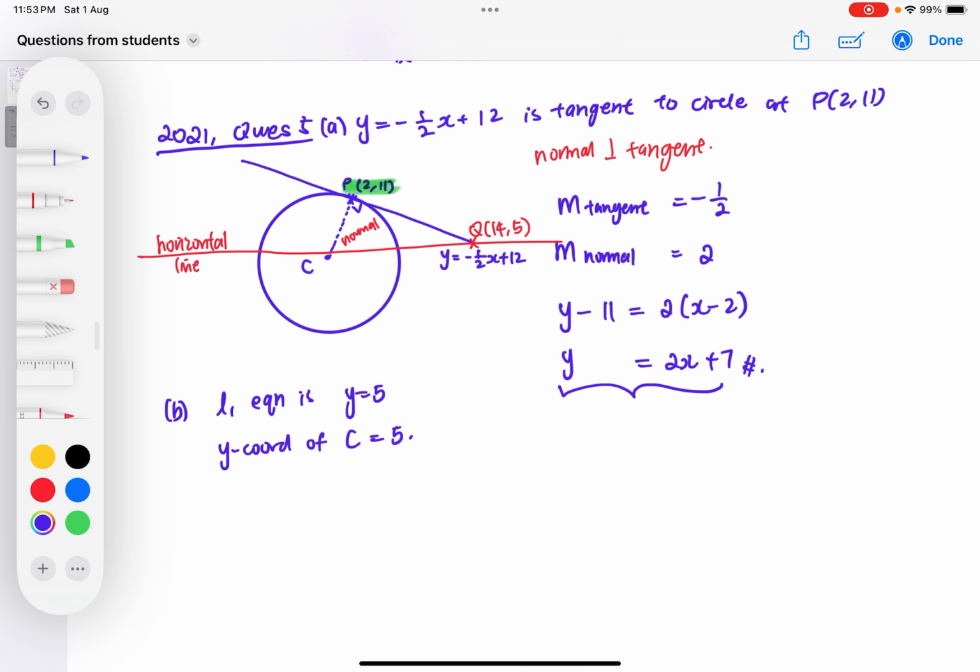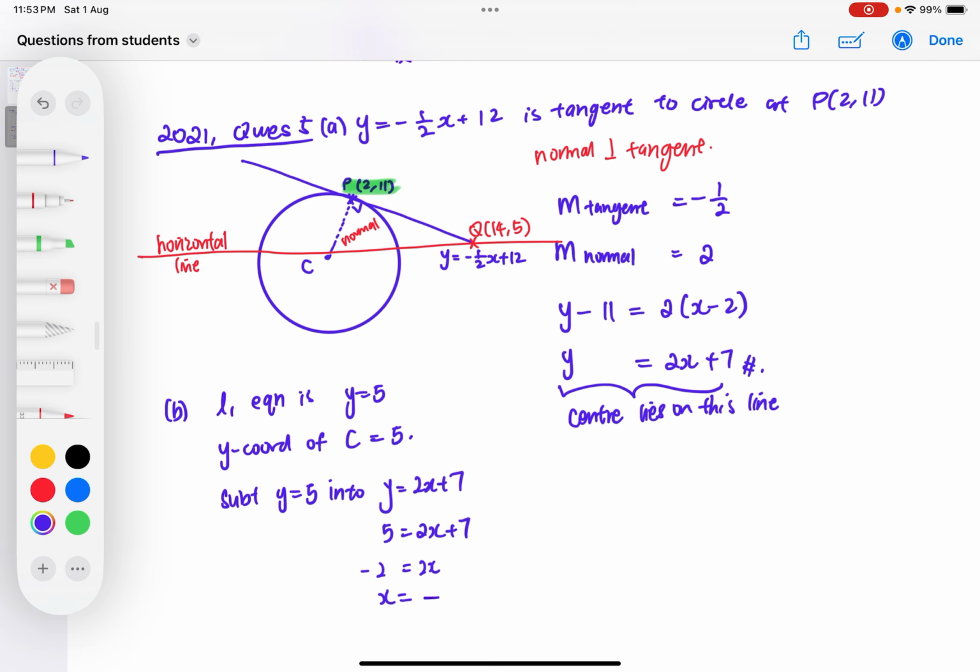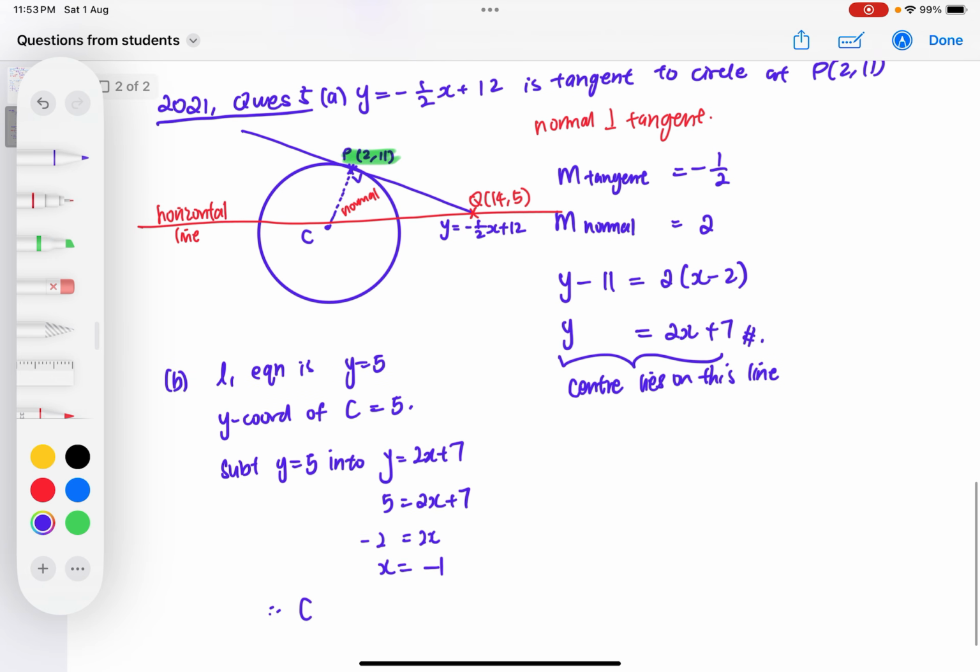So this equation that we found in part A, the center lies on this line, right? So we just have to substitute y equals 5 into the equation. And then you will get x equals -1. So therefore, the center of the circle is given by (-1, 5).